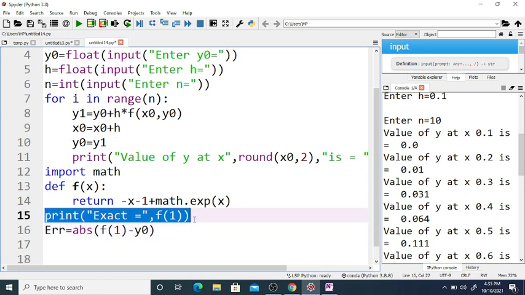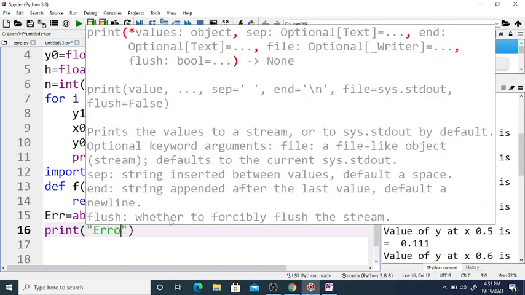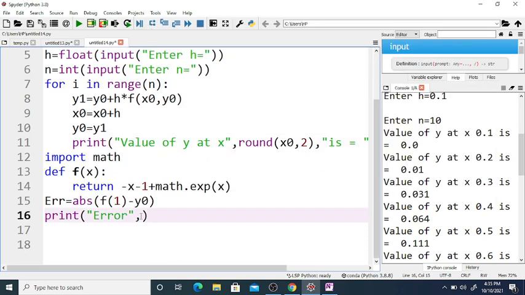So now we want to remove this, and instead of that we are going to print error. So print error is equal to error.